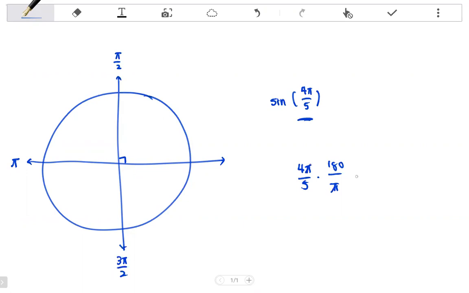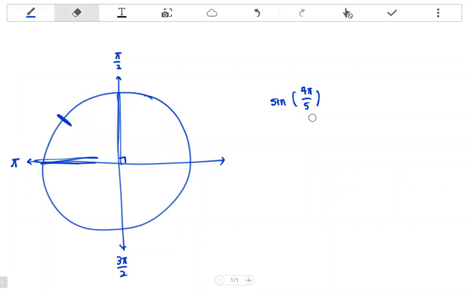You can cancel out the pi, which leaves, like, 144 degrees maybe. And we know that this is 90 degrees, this is 180 degrees. So it's gonna be somewhere here. You can do it like that if you're not accustomed to radians.